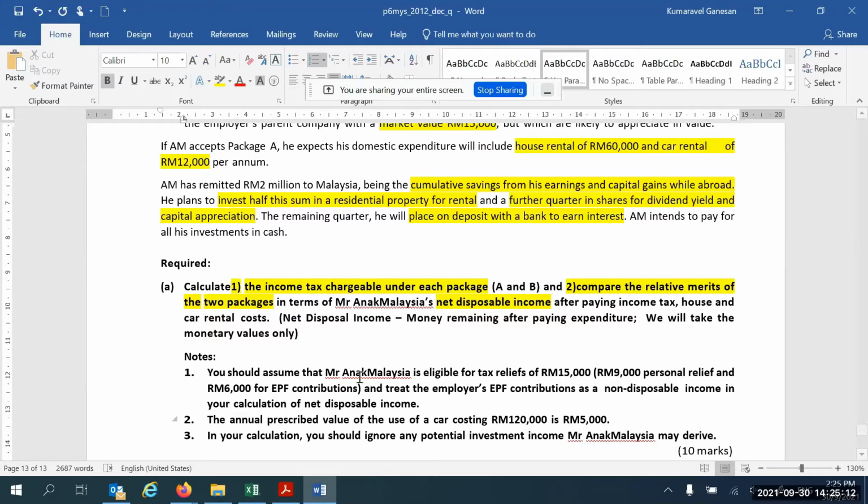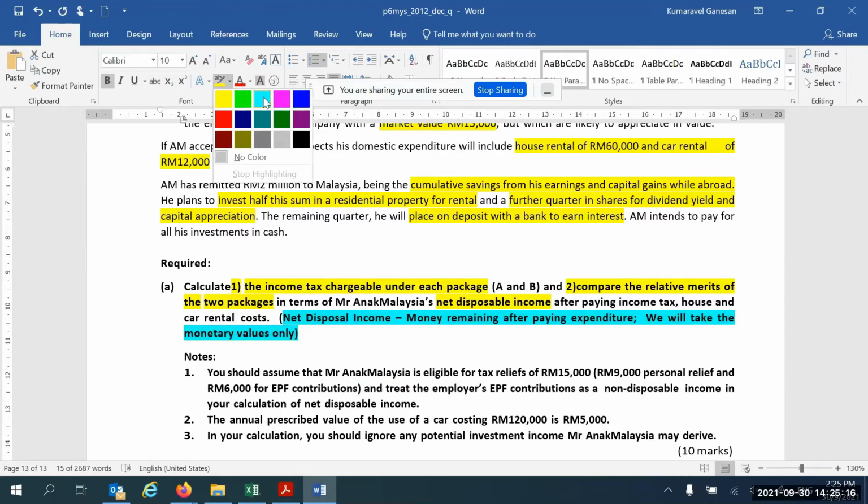Okay, take a look at this. If you want to copy down, you can. There is some knowledge about this in chapter 42, tax planning for individuals.